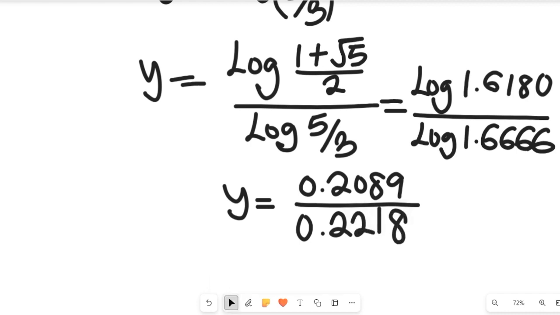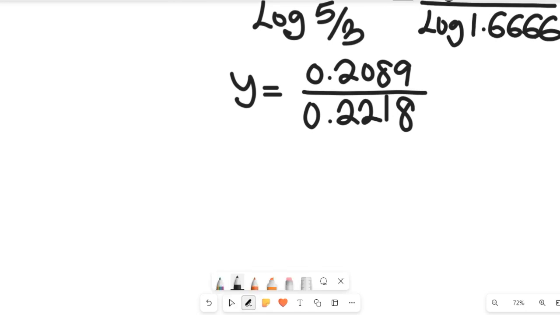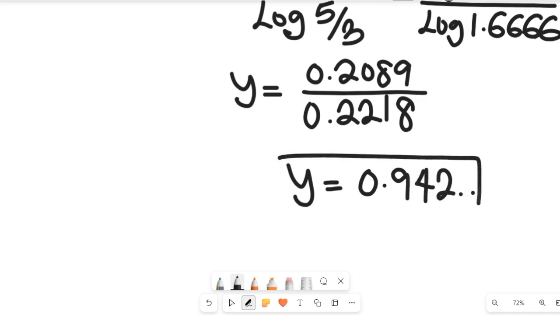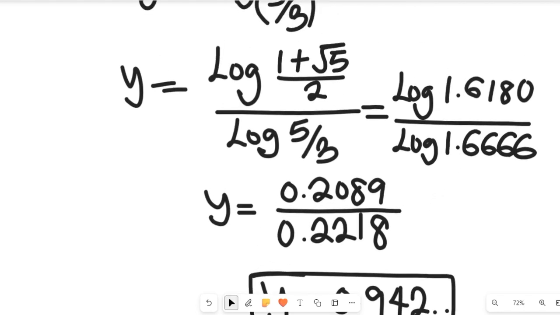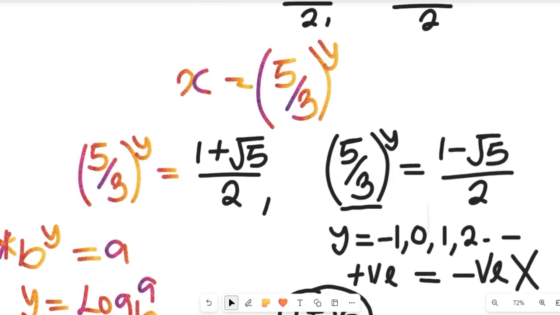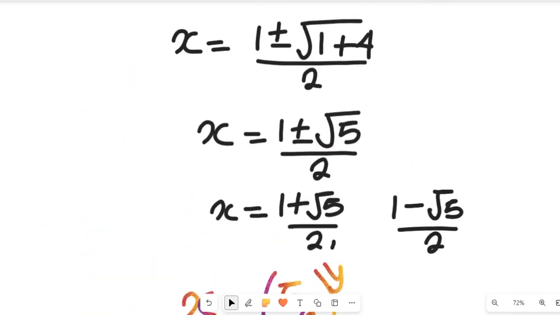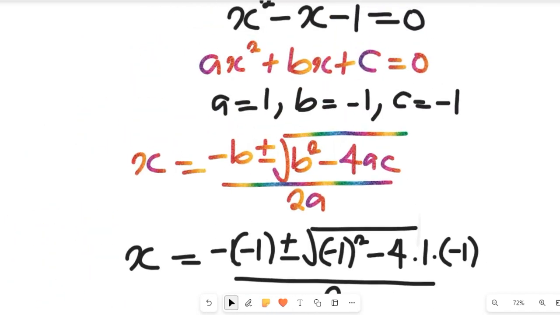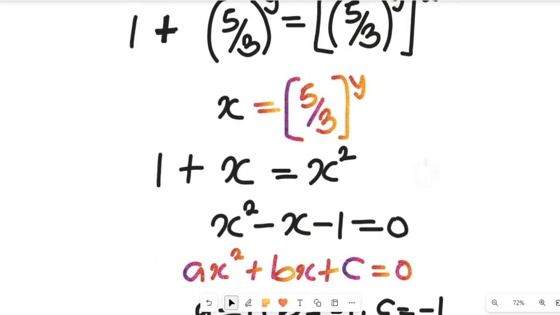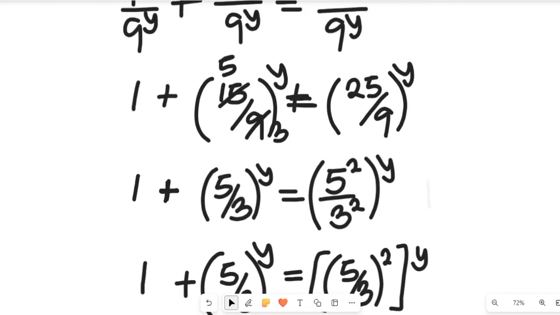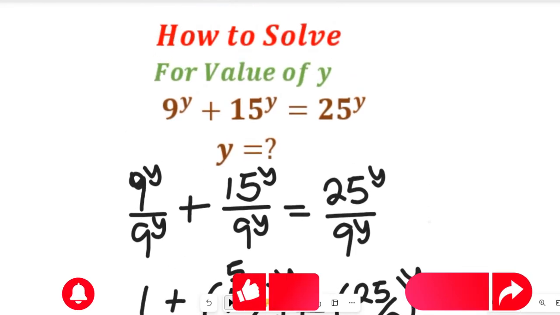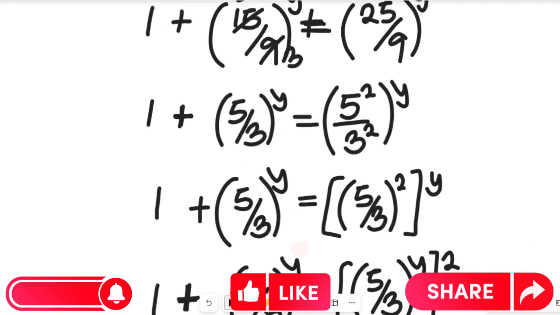So if we simplify this, the value of y will be equal to 0.942. And this is the solution to that expression we are given up there. Straightforward. So the value of y is equal to 0.942. That's the solution to that exponential equation we are given above there.